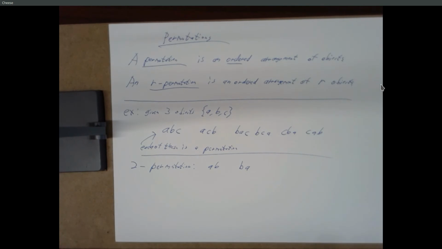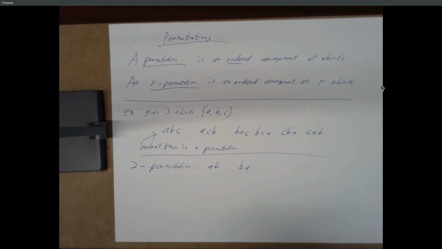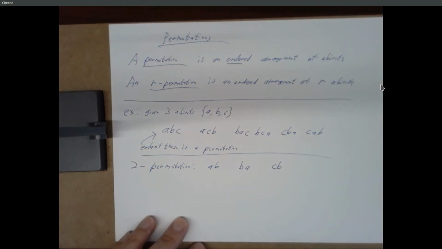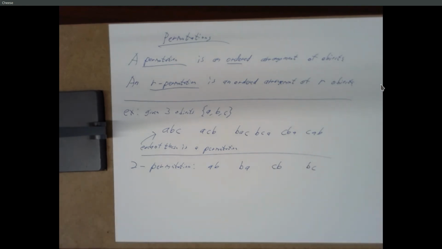Pick 2 objects from that set. Okay, pick 2 different objects. CB, okay. Give me an order. You want to do CB? That's a 2-permutation. Is there any other order I could put those in? I could do BC. That's another 2-permutation.